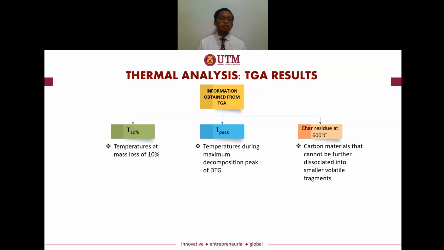We start with T10%, which is the temperature at mass loss of 10%; Tp, the temperature during the maximum decomposition peak of DTG; and char residue, which is the residual amount left at 600 degrees Celsius, which corresponds to carbon materials that cannot be further dissociated into smaller volatile fragments.